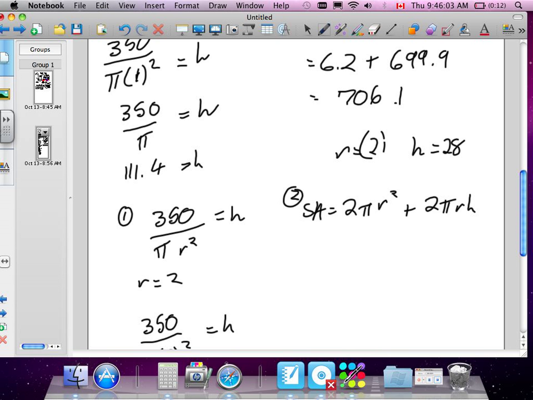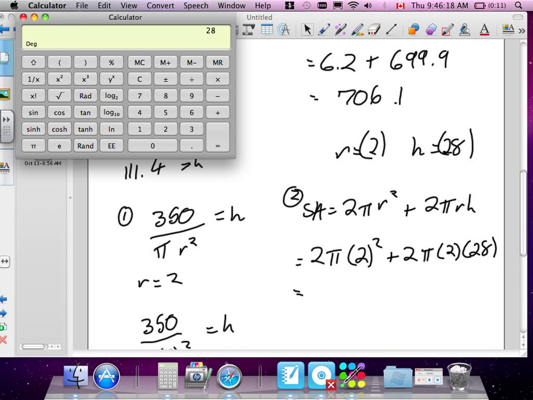We're going to end up with 2 pi 2 squared plus 2 pi 2 times 28. Let's solve these one at a time. So we know 2 squared is 4. So we're going to do 4 times pi times 2 gives us 25.1.